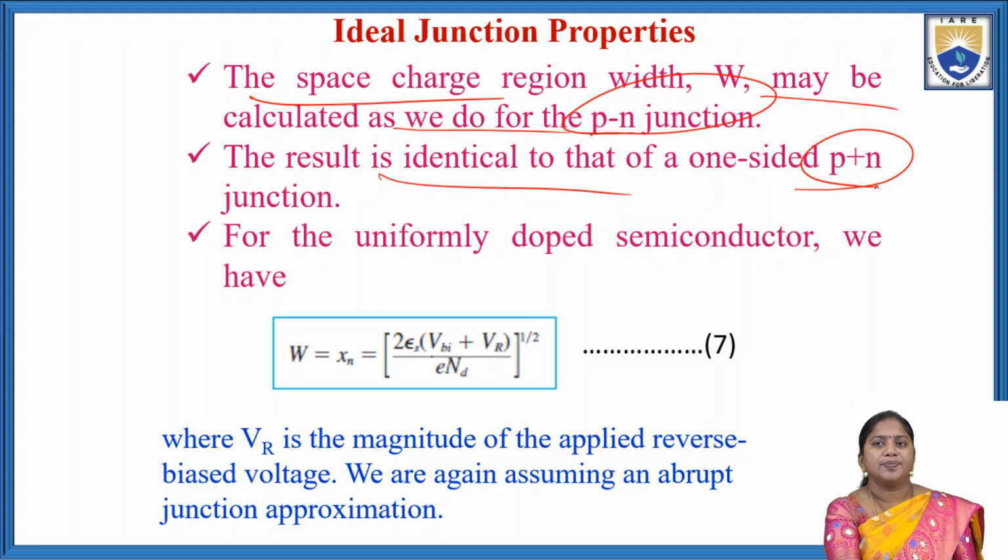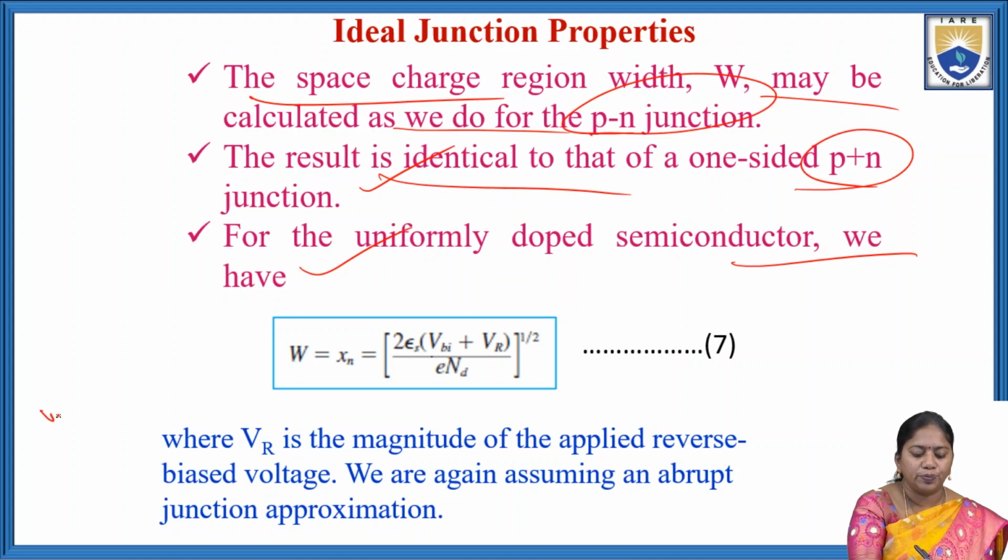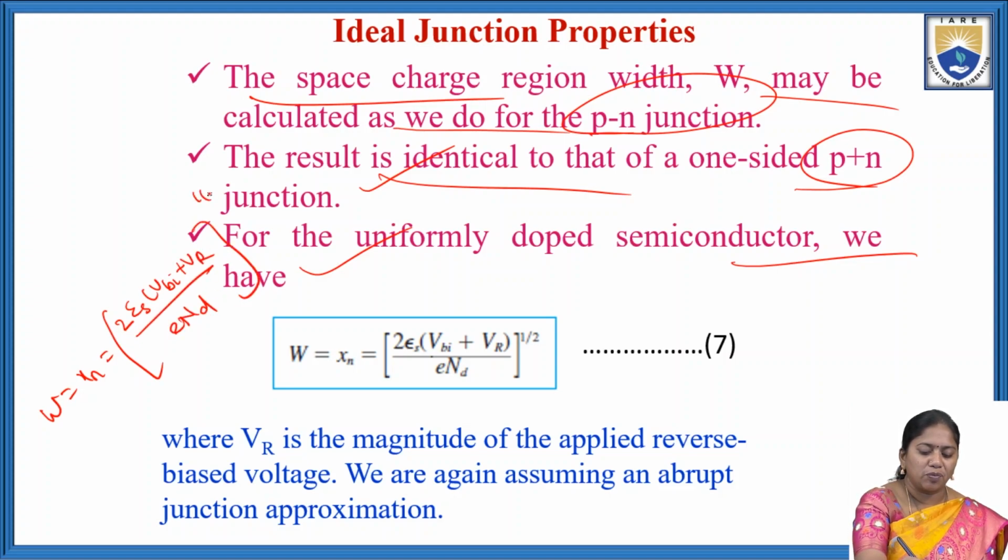For uniformly doped semiconductors, W equal to xn equal to [2 epsilon s (VBI plus VR) divided by q Nd] whole to the power of 1 by 2.